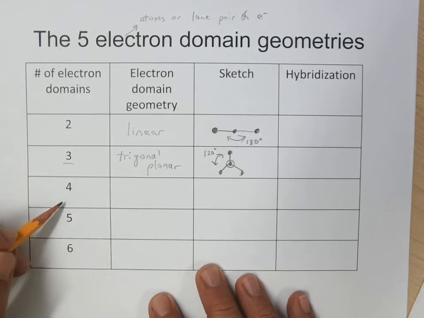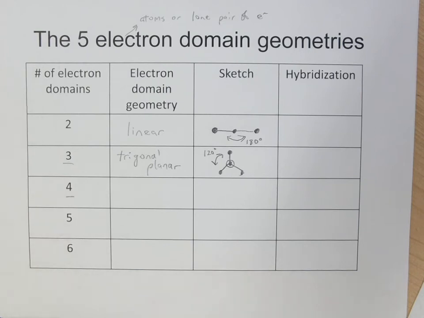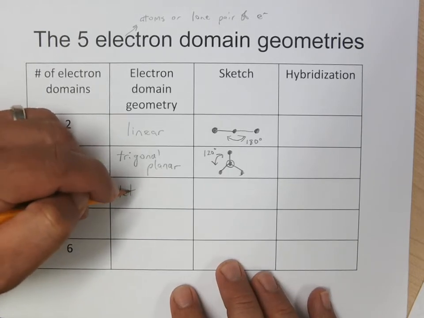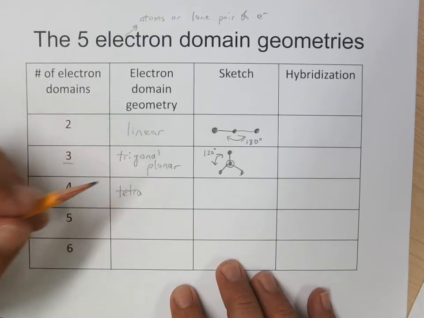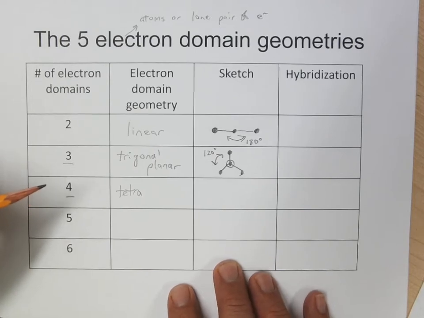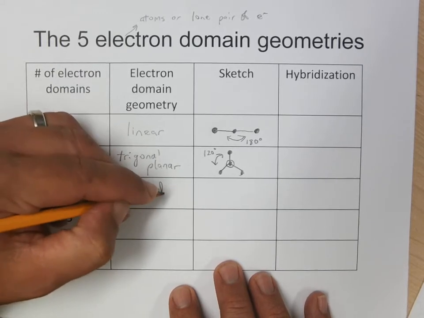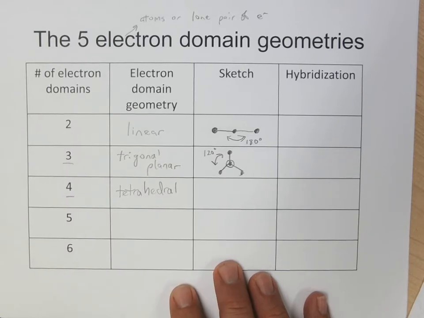And then if you have 4 electron domains, now they're going to spread out into three-dimensional space, which is going to make this a lot harder to draw and visualize. Again, the math to figure out the bond angle is a little more complicated, because when you get into 3 dimensions you're not limited to 360 total degrees, but you have a tetrahedral electron domain geometry.